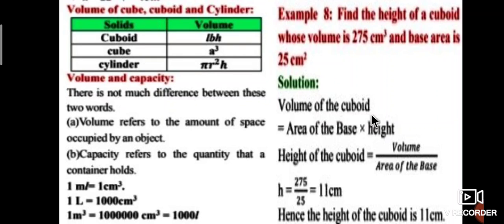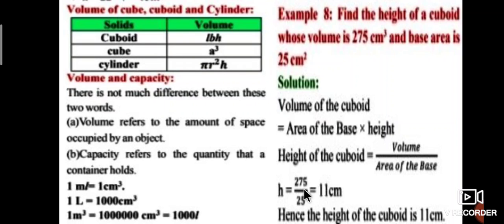Volume of the cuboid is equal to area of the base into height. Therefore, height of the cuboid is equal to volume divided by area of the base.